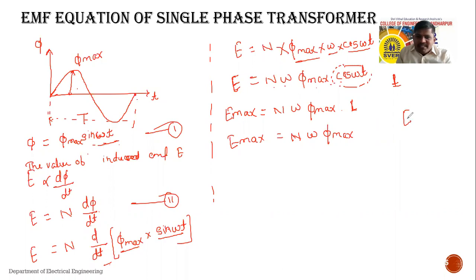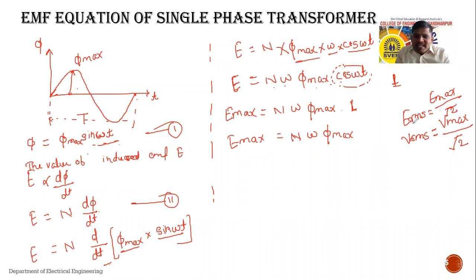Suppose for any RMS value, I write V RMS. V RMS is equal to V max divided by root 2, that is V m divided by root 2. Similarly, E RMS is equal to E max divided by root 2.